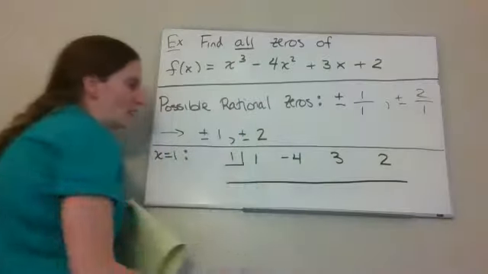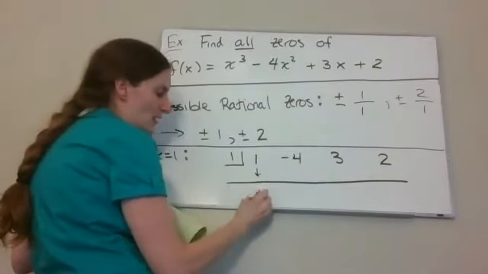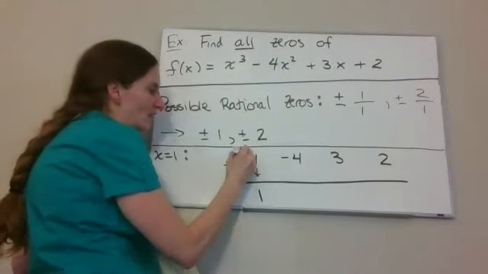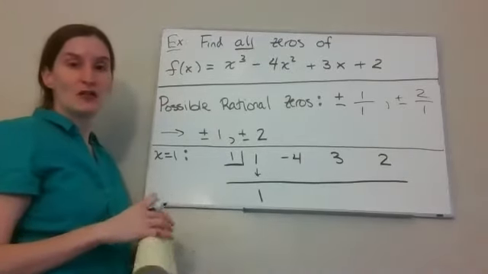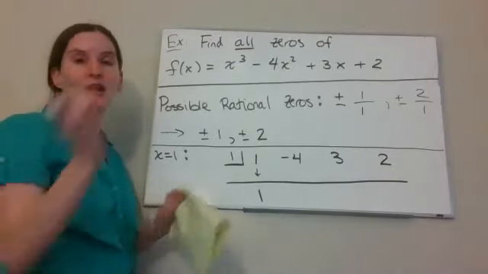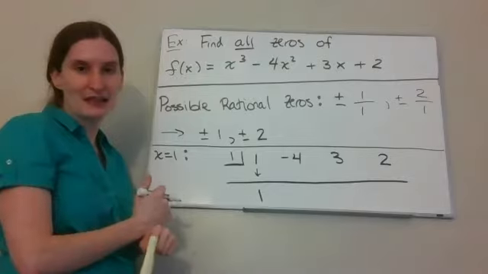If 1 is a 0, we'll end up with a remainder of 0 at the very end. So if you don't remember synthetic division, it's actually talked about in the video just before this. If you need a refresher on that algorithm, I would stop this video right now, go rewatch that part in the previous video, and then come back to this.